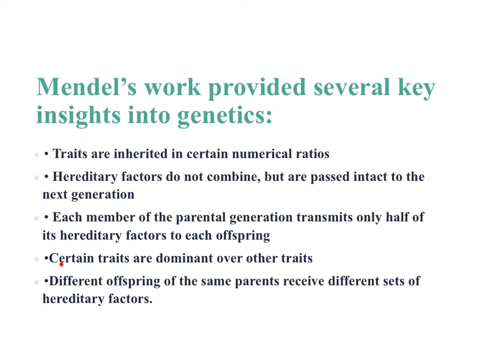Certain traits are dominant over other traits, like yellow is dominant over green. And different offspring of the same parent receive different sets of hereditary factors, which means that they receive different genes. Right? Some of their offspring, in the F1, they could be capital Y, or they could have been capital Y, lowercase y. Okay, so they get different sets of those hereditary factors.